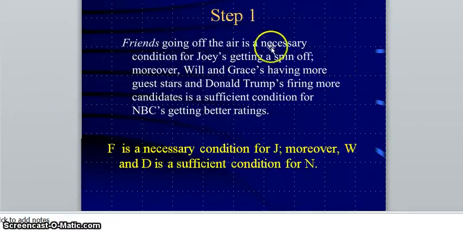Friends, F, going off the air is a necessary condition. So F is a necessary condition for J. Okay, that's easy. And we're going to put the semicolon in. Moreover, and remember terminology, this is important. Will and Grace having more guest stars and Donald Trump's firing more candidates is a sufficient condition for N.